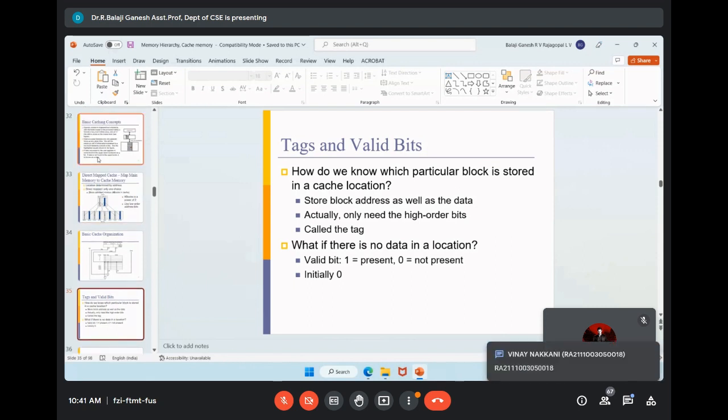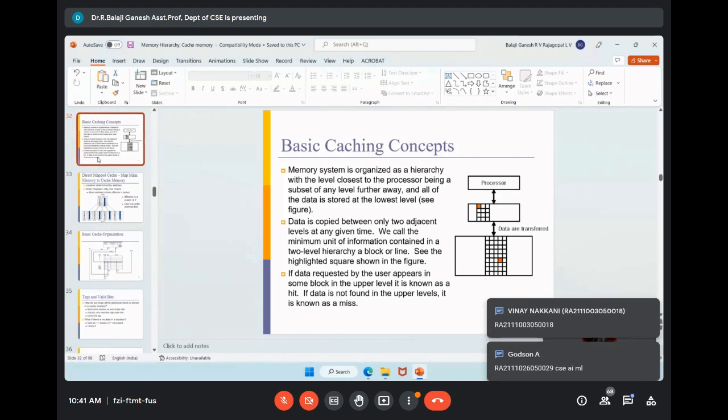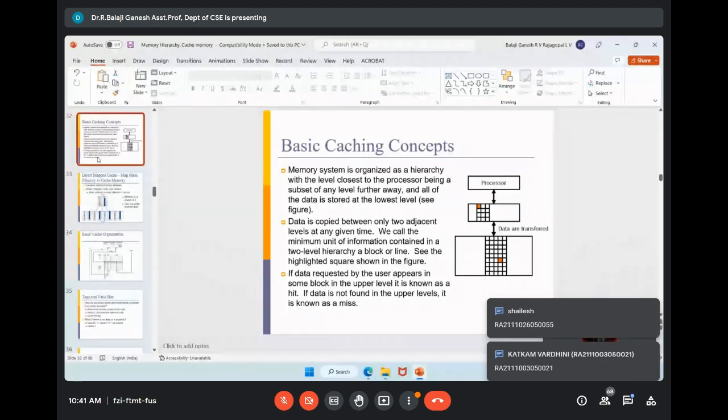I hope we are discussing the cache memory mapping functions, right? When we talk about cache memory, there are two techniques. One is the mapping functions that decide which block of main memory needs to be placed in which block of cache memory. That is what we call cache mapping functions.